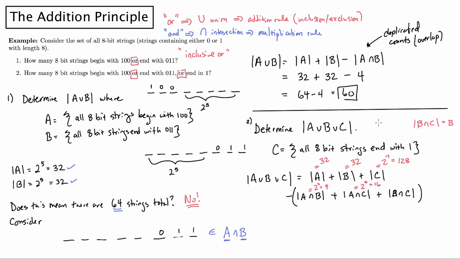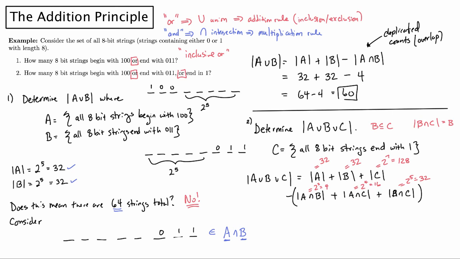B is a subset of C. There's more things that end in 1 than there are that end in 0, 1, 1. So B is a subset of C, which means that when you look at their intersection, you get the smaller set, which is B, and the size of the set B we've already discussed is 2 to the 5th, or 32 different things.